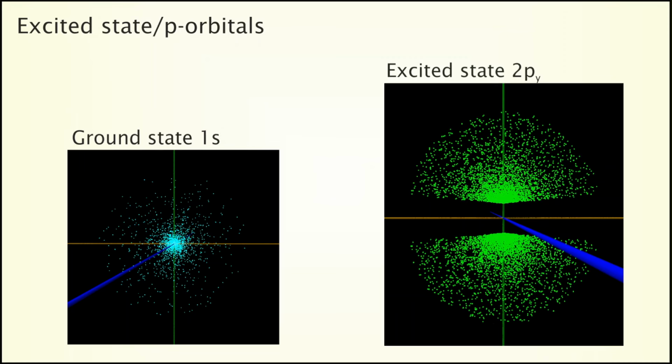The first excited state would be the 2s orbital, and the second excited state now here is the 2p orbital, in this case the 2py orbital, because these orbitals are centered around the y-axis. And this has a bit more energy than the 2s orbital.